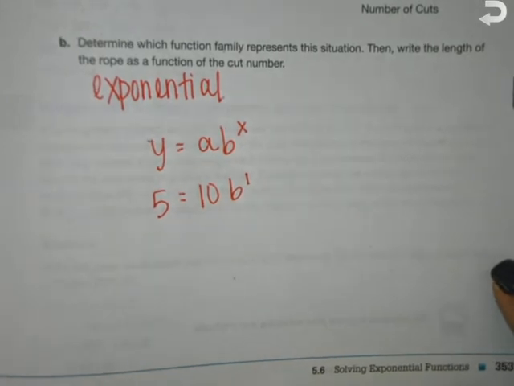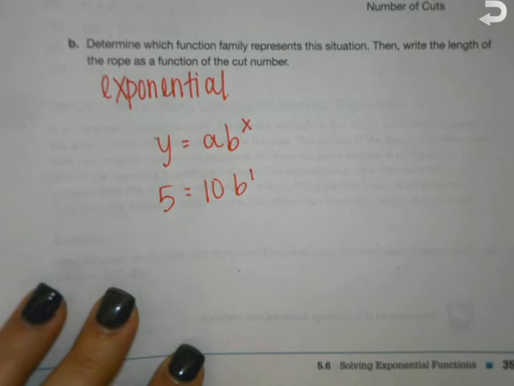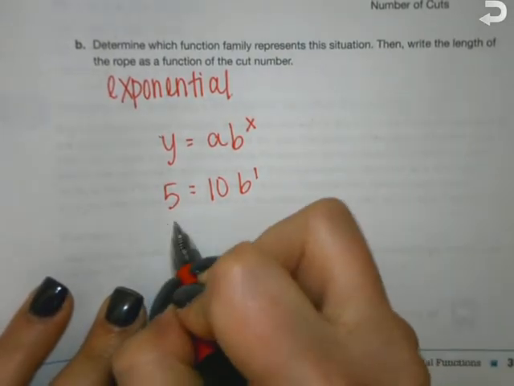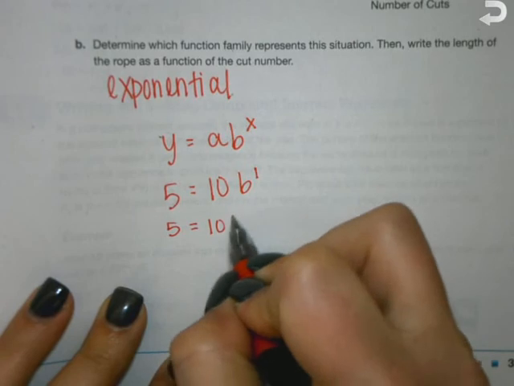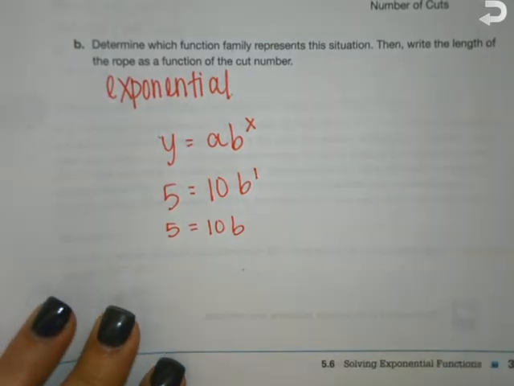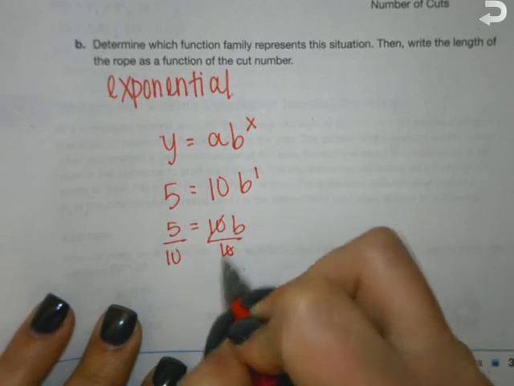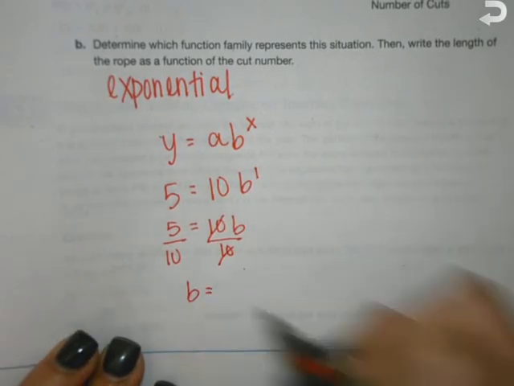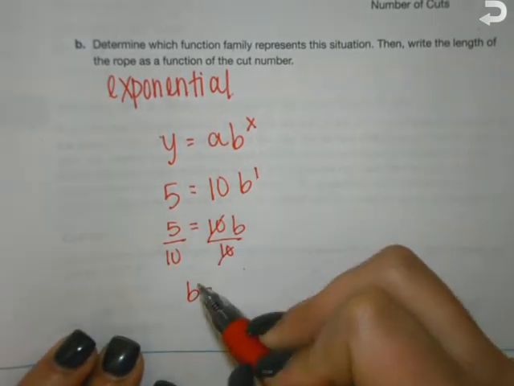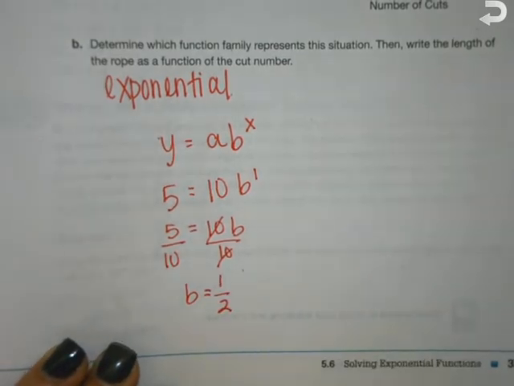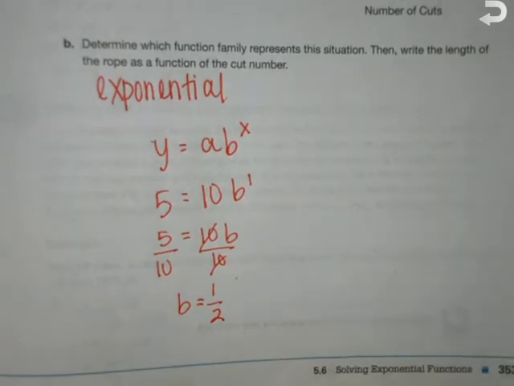So how would I solve this? B to the first power is what? B. So this is 5 equals 10B, and then what would you do? Divide by 10. So B equals what? 5/10, which is 1/2. So how do I use this to write a function? Did they tell us what our variable was? C. Okay.